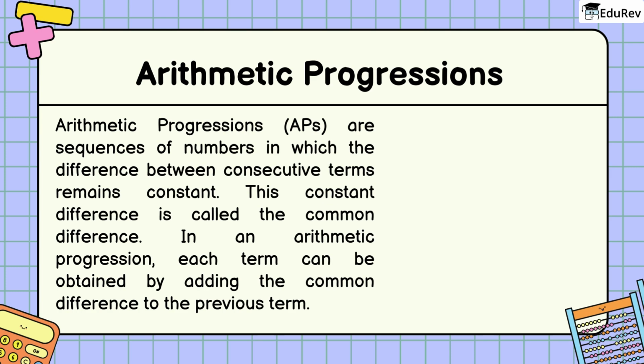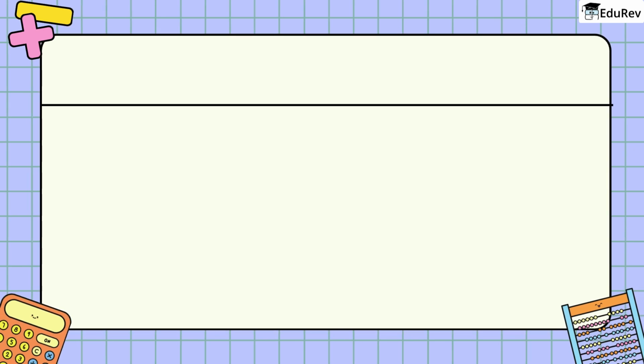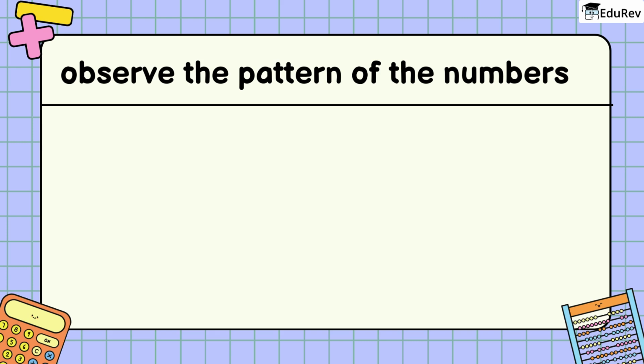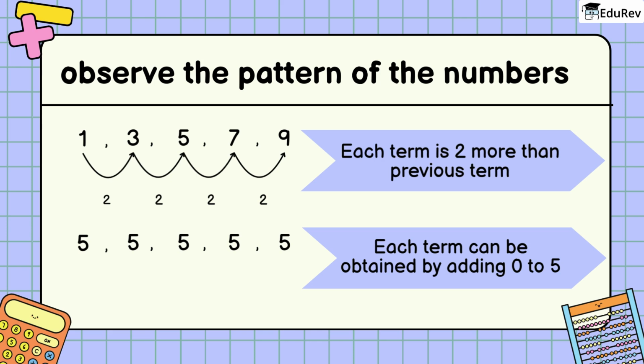For example, 2, 4, 6, 8, 10 with a jump of 2 for each term. Observe the pattern of the numbers 1, 3, 5, 7, 9. Each term is 2 more than the previous term. Similarly, if we take 5, 5, 5, 5, 5, each term can be obtained by adding 0 to 5.